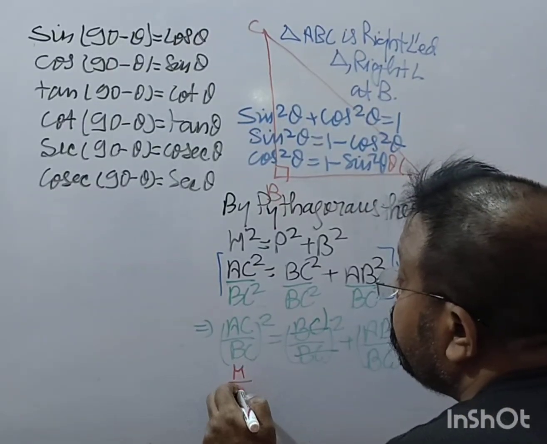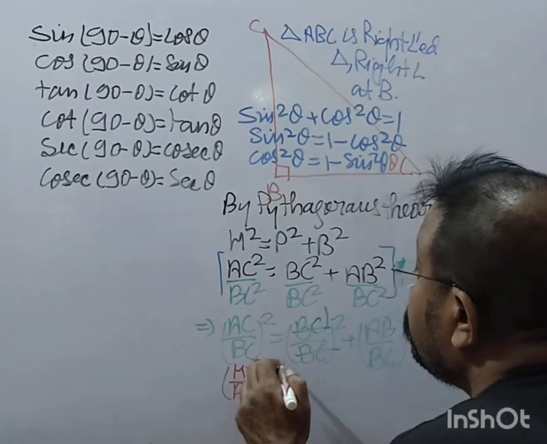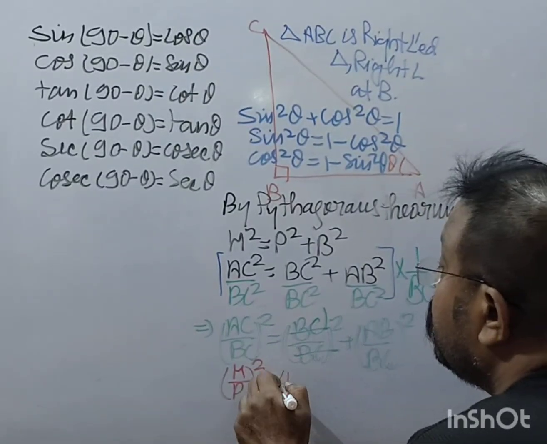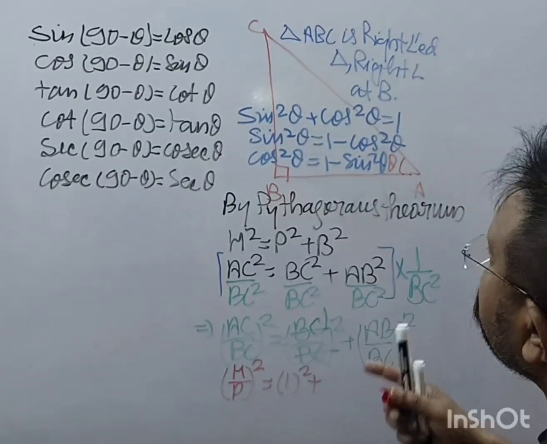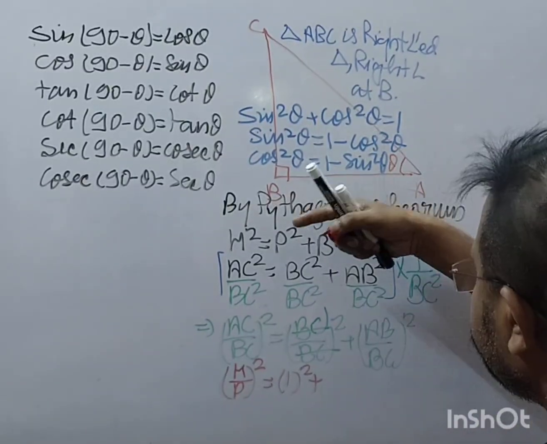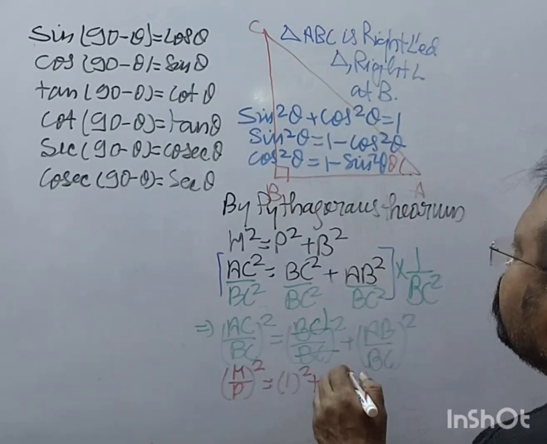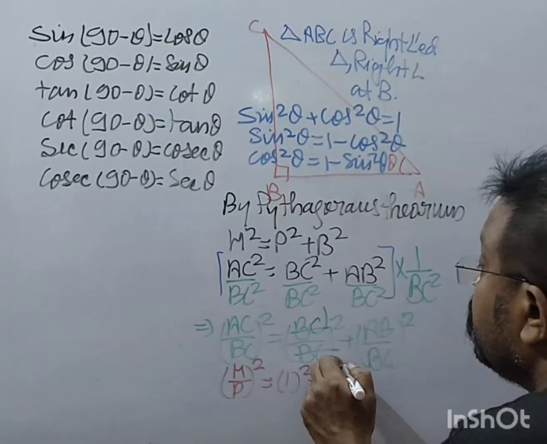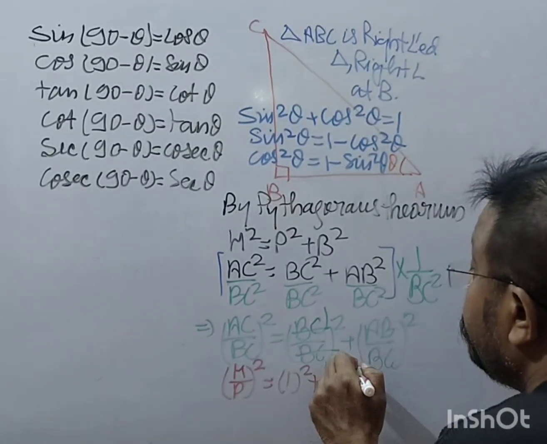Hypotenuse upon perpendicular whole square is equal to 1 whole square plus AB upon BC whole square. AB upon BC means base upon perpendicular whole square.